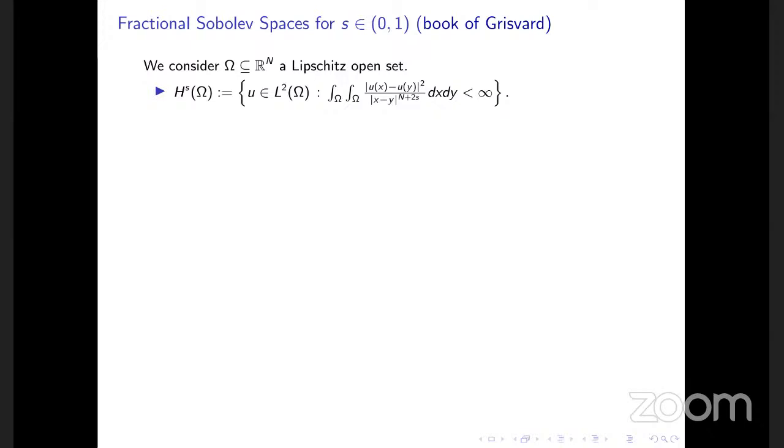The reference for this is the textbook of Grisvard, which contains many of these results. Sometimes Ω may not even be Lipschitz, just continuous, in the results that I'm going to state below. H^s_0 is, like H^1_0, the smallest space that contains C_c^∞ in H^s(Ω). One might think it has the same properties as H^1, but that's not the case.